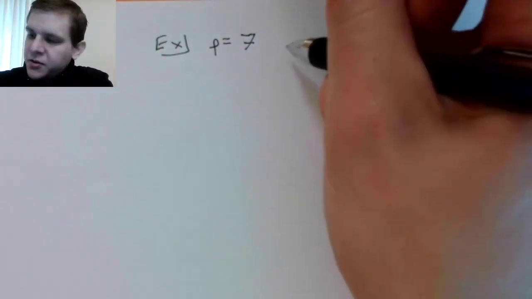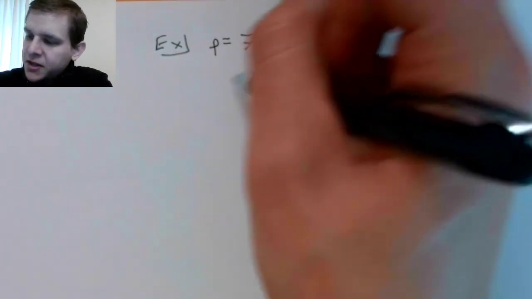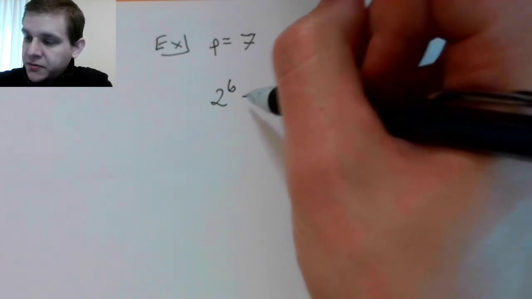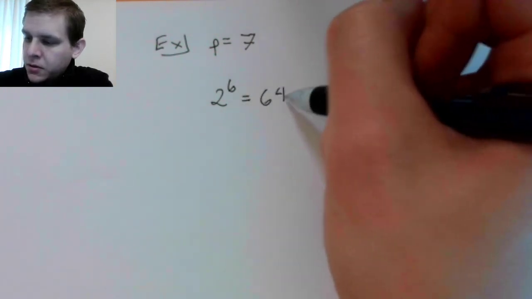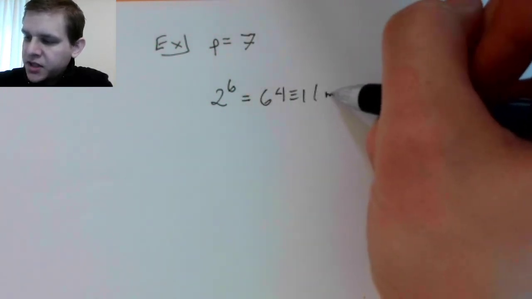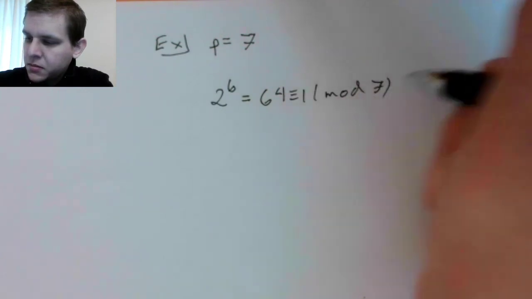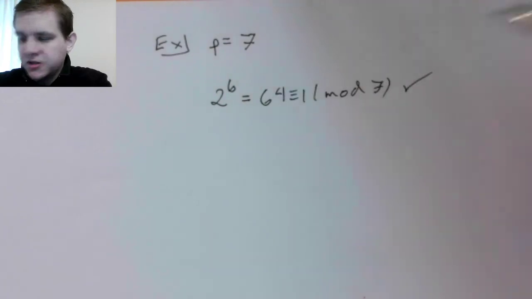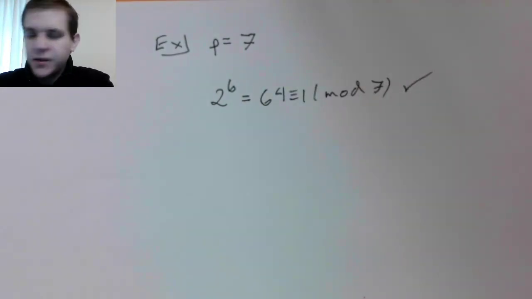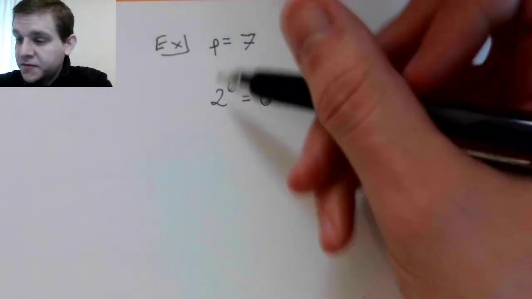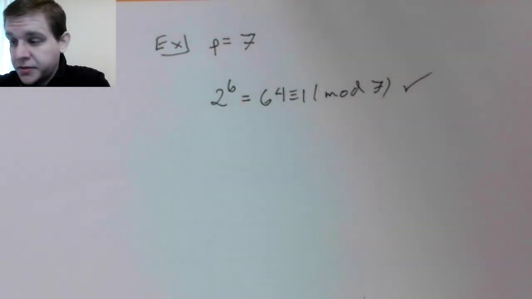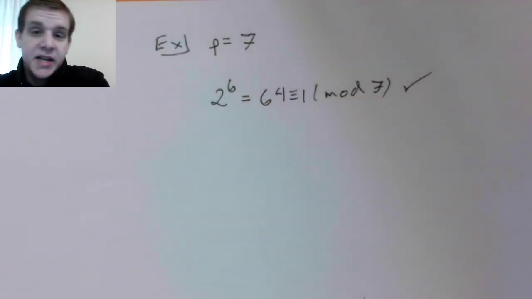You can check directly that 2 to the 6th is 64, which is definitely congruent to 1 mod 7. So there we go. p minus 1 is 6, so 2 to the 6 should be congruent to 1. The order of 2 should divide 6. In fact, the order of 2 is 6 here. Oh, no, sorry, it's 3, because 2 cubed is 8.